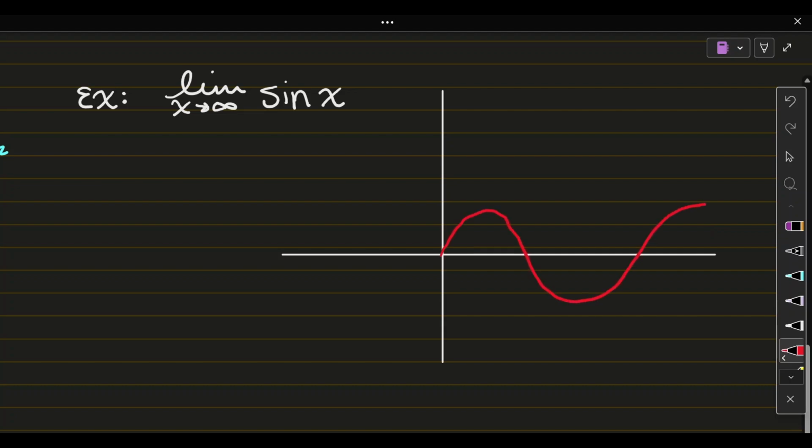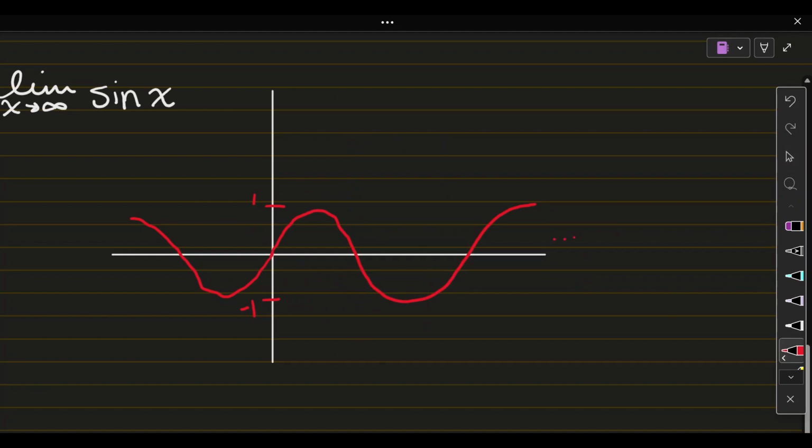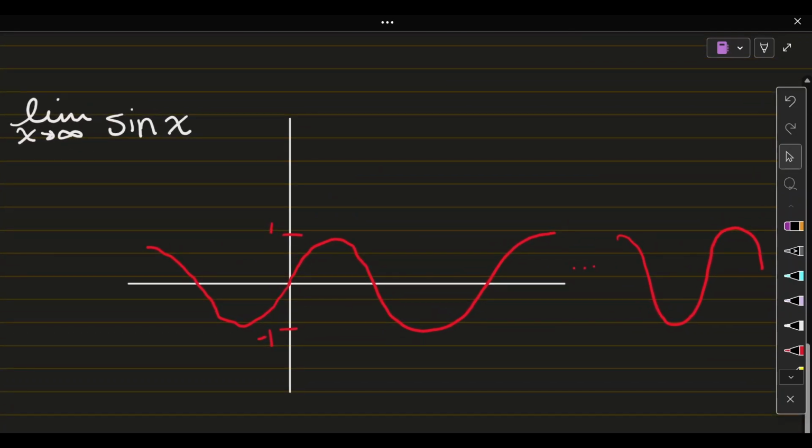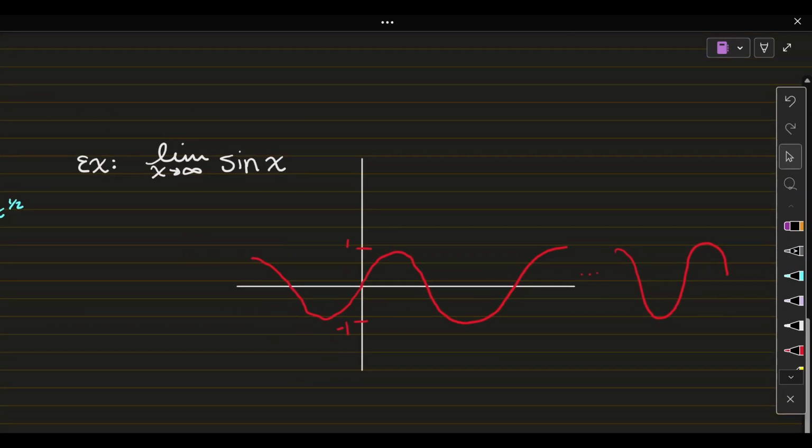It oscillates between -1 and +1. So at its lowest it's -1 and at its highest it's +1, and it just keeps oscillating forever. So as I keep going out towards infinity, it keeps oscillating, and it never settles on a value. It just keeps oscillating regularly.